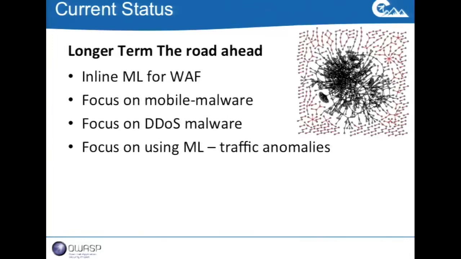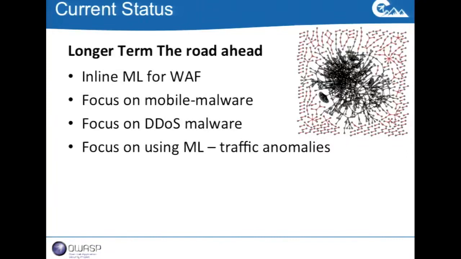Ultimately, what we also want to do is focus on malware that helps in DDoS, because that hurts our core business, and focus on machine learning for traffic anomalies. That graph is basically, we've marked out clusters using eigenvectors and eigenvalues to say, given a network, which nodes in a network are actually responsible for sending bad traffic. And there are nice clustering mechanisms.